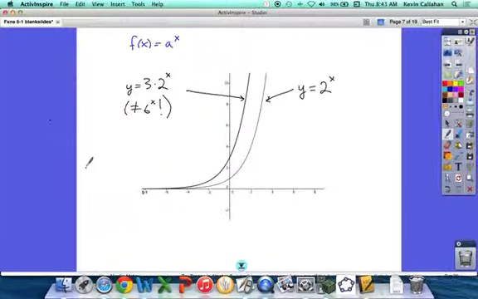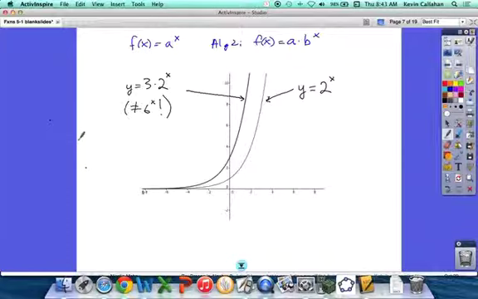What the Algebra 2 book said was this: f of x equals a times b to the x. They actually had a number in front in that formula. We're going to deal with the number in front. It's just not part of our definition of the exponential function. We'll see now what happens when you multiply it by a number.